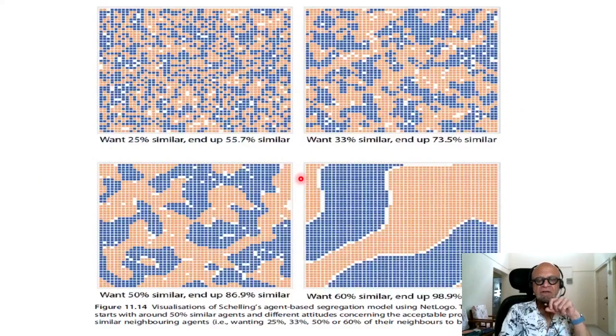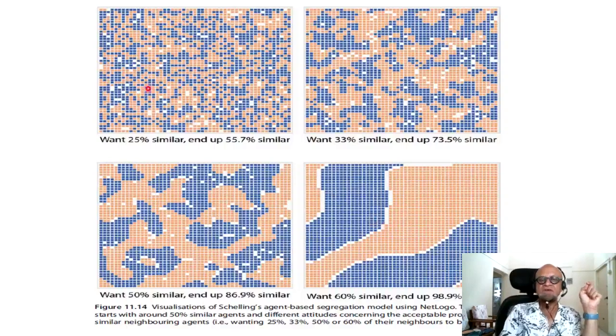So here we have a visualization of Schelling's agent-based segregation model using NetLogo. The model starts with around 50% similar agents and different attitudes concerning the acceptable proportion of similar neighboring agents, i.e. wanting 25%, 33%, 50% or 60% of their neighbors to be similar.